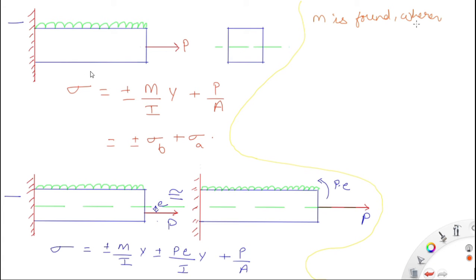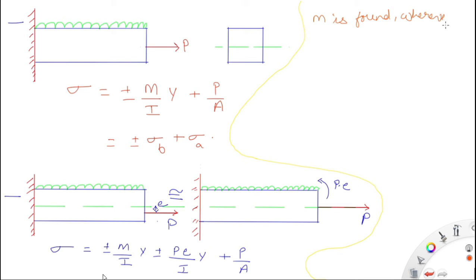So sigma C will be in the bottom and sigma T will be in the top. So based on that sigma value you will have plus or minus sign: plus for tension and minus for compression. So sigma B will have a sign according to the tension and compression, and this P is the tension. As you can see, this is no compression, this is tension, so this is a positive value sigma A.